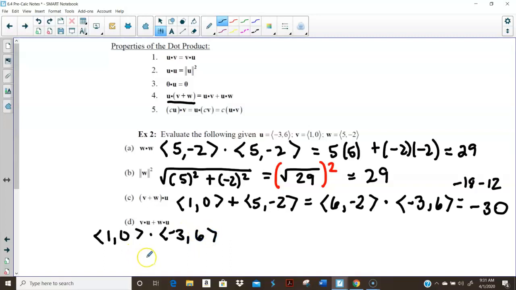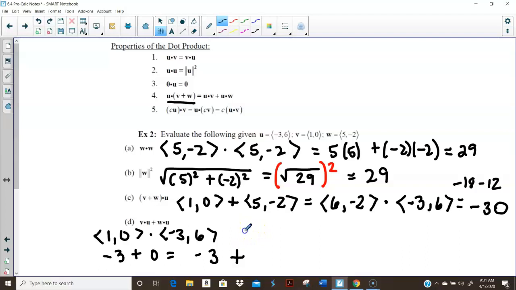When I take the dot product of that, I get 1 times negative 3, which is negative 3, and 0 times 6, which is 0, and that gives me negative 3. I'm going to take that negative 3 and add it to the dot product of w dot u.